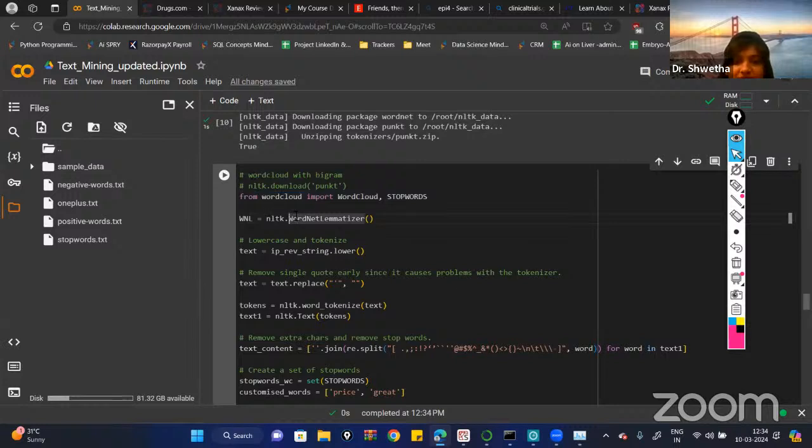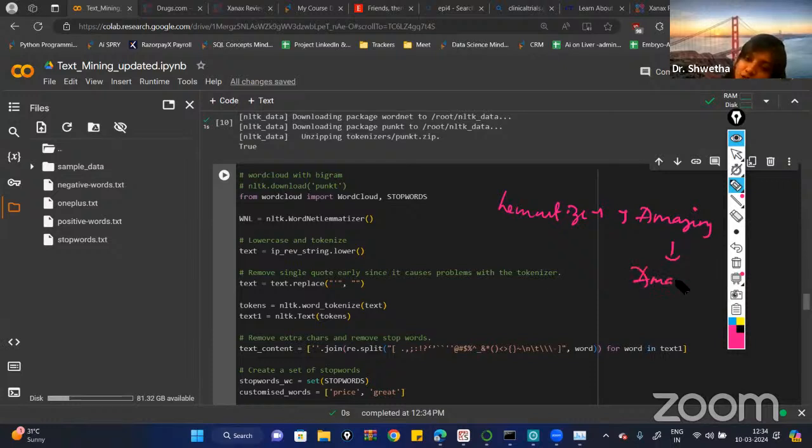From NLTK, we can use WordNet lemmatizer. So this lemmatizer will help us get a root word. If it is amazing, we will get the root word amaze from it. This is an intelligent way of getting only the root words.